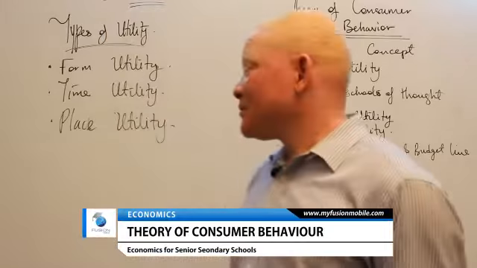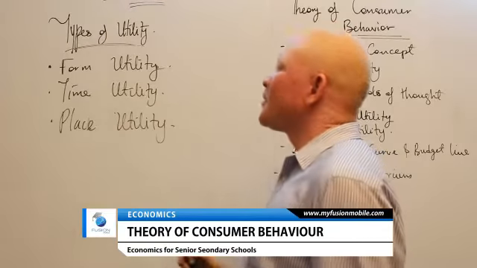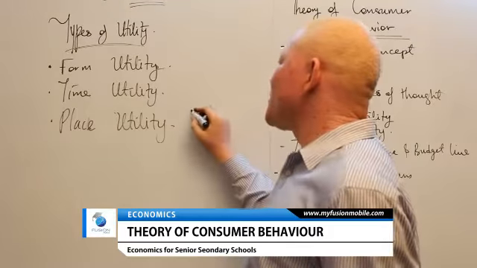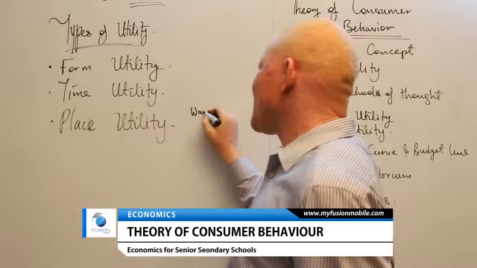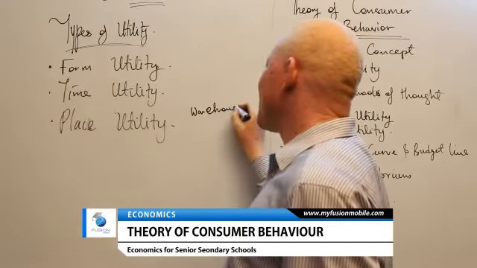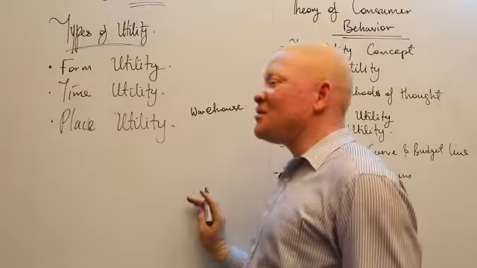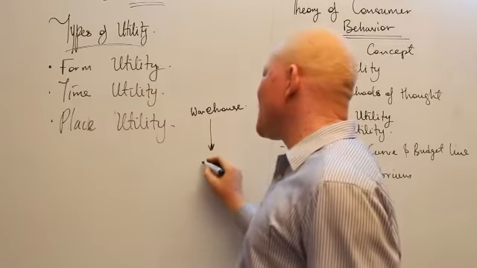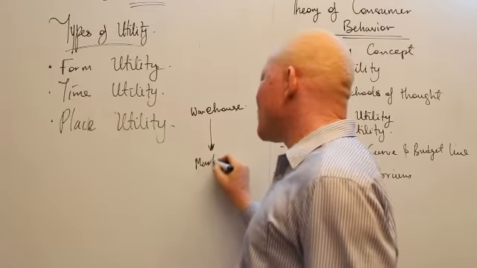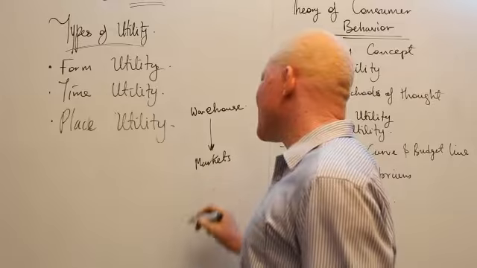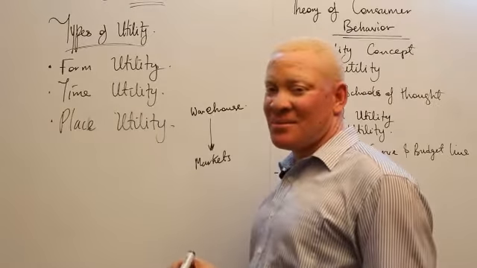For instance, goods produced and packed in the warehouse will not yield utility until they are moved to the what? To the markets, where the consumers can have access to them.